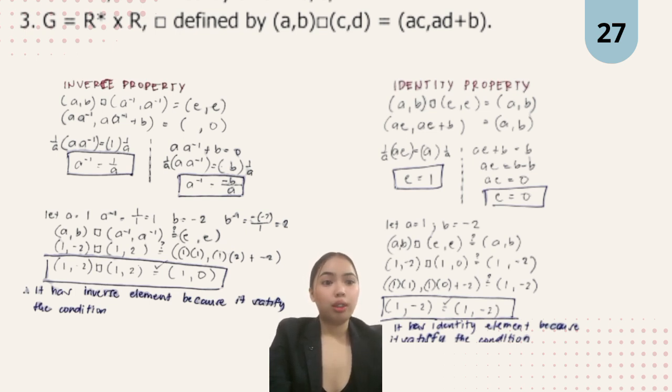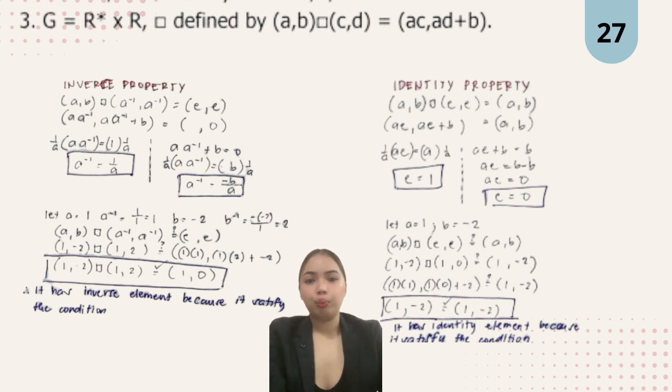Let's substitute the value of A and B and E. So (1, negative 2) times (1, 0) is equal to (1, negative 2). And 1 times 1 and 1 times 0 plus negative 2 is equal to (1, negative 2).